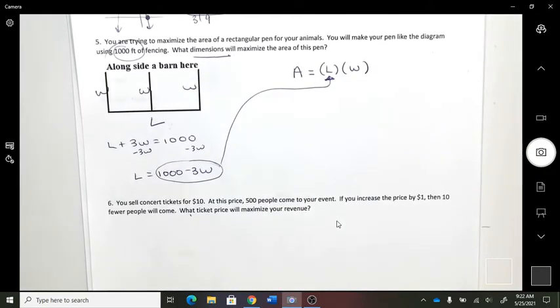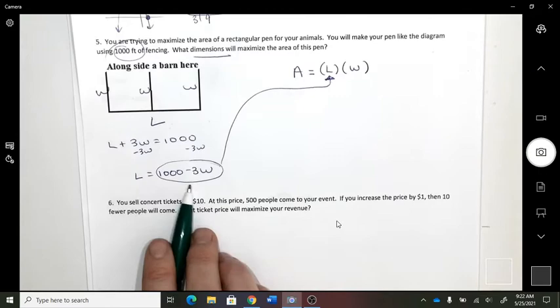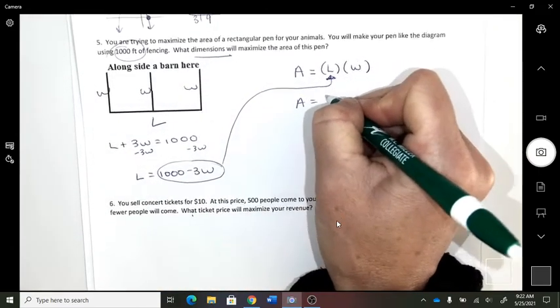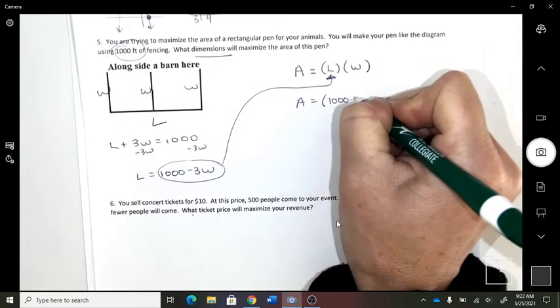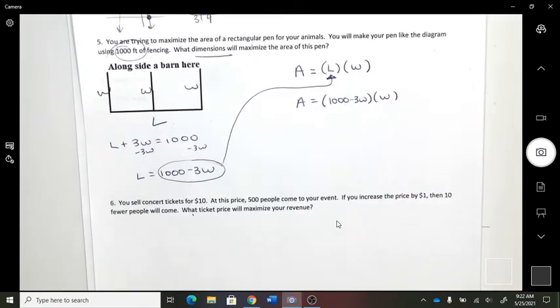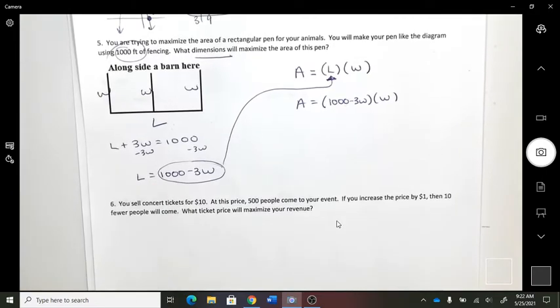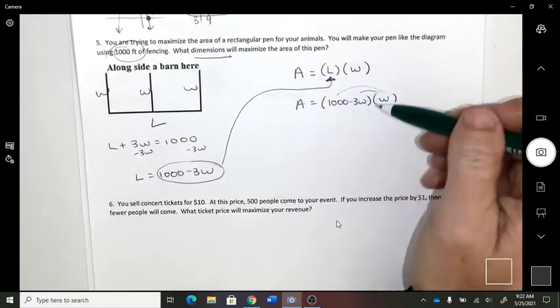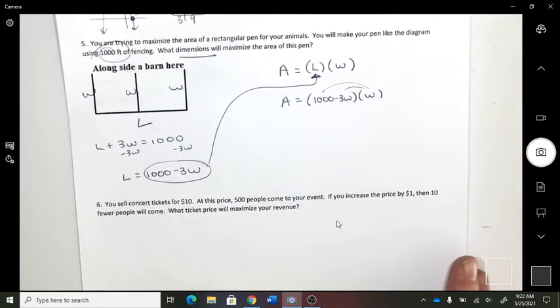Does that seem legit in math? If something is equivalent, you can replace it. So the area equals... okay, so at this point you're going to want to FOIL that out or distribute it out.